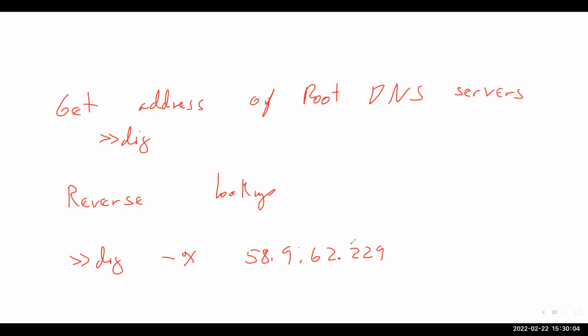Let's say, for instance, that you're getting a lot of spam from the IP address 58.9.62.229. So you want to know who that address belongs to. So that's a reverse lookup, right? Then you can do something like this. Okay.